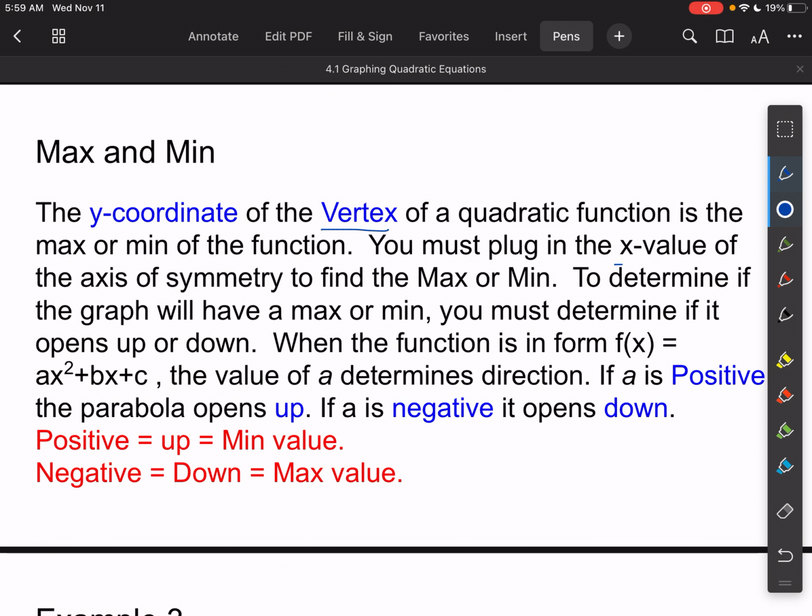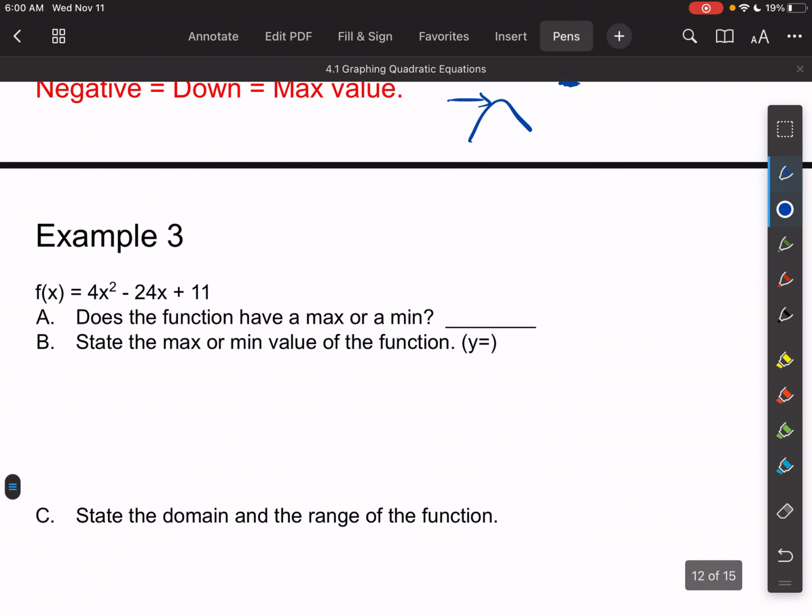We must plug the x value of the axis of symmetry back into the equation. If the first term is negative, it's going to be a max, because it opens down. If it's positive, it's going to be a minimum because it's at the bottom point, because the thing opens up if it's positive. That's what all that is saying.